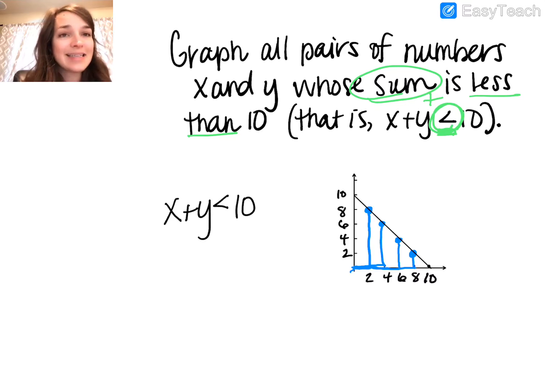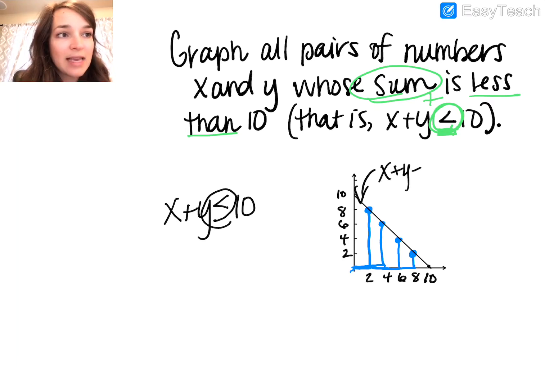The second step is to figure out which side you need to shade. Our inequality says x plus y is less than 10. So we're not just talking about where x plus y equals 10. That's what the line represents. The line itself represents where x plus y equals 10.